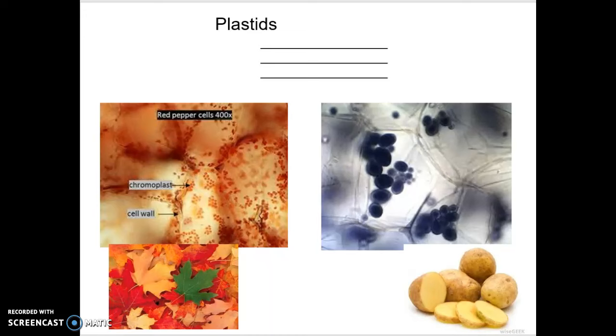The other plastid you're looking at on the right-hand side are bags called leucoplasts. Now, leuco refers to white. White as in starch. The reason why we see little black droplets in there is because the starch has been stained. But normally a leucoplast is a white bag that contains starch molecules and appears white.